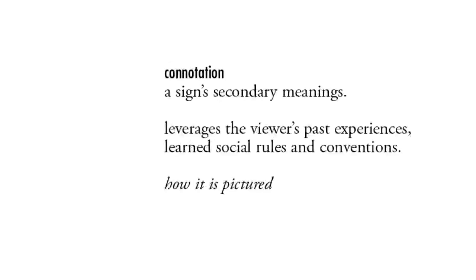As opposed to that, we have the idea of connotation, which is the secondary meanings and associations that you have of the sign. Connotation gets pretty interesting because we bring to it our own past experiences as a viewer. We bring to it the social rules and conventions that we've learned over time. So it's not just what is pictured, but how it's pictured. Or if we're talking about language, it's how that word is said.